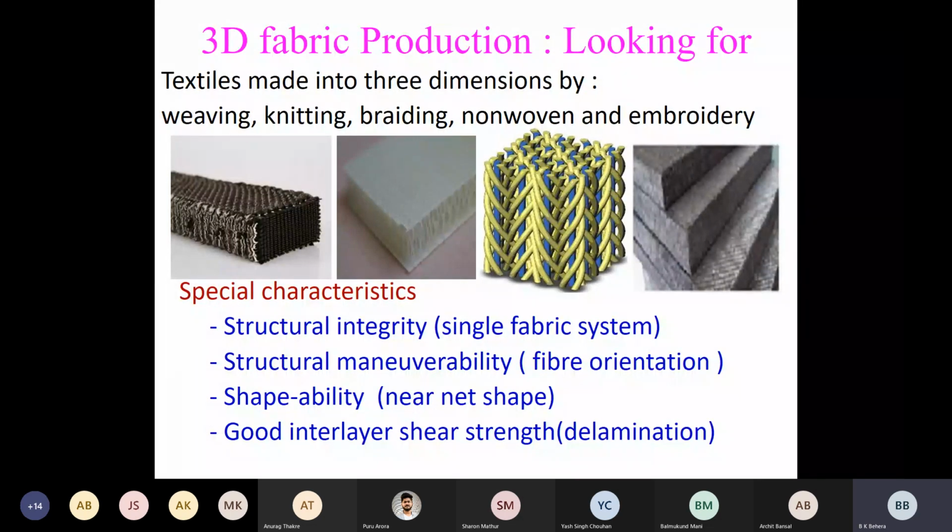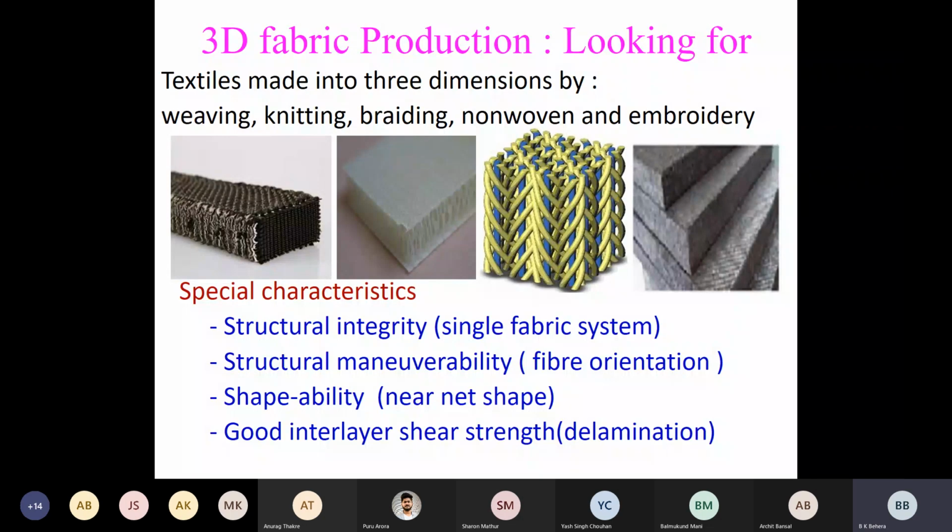That means in 3D weaving, we try to produce a structure which is exactly the same as the finished product. If you want to produce a 3D structure taking 2D fabric, then it is a multi-step process.